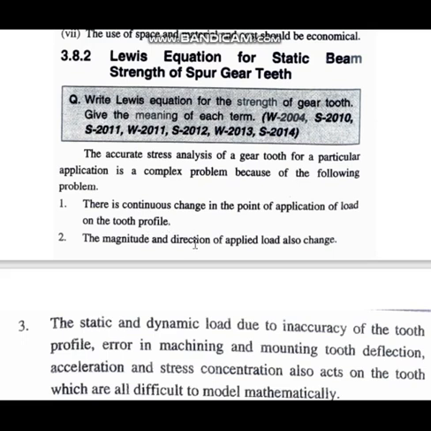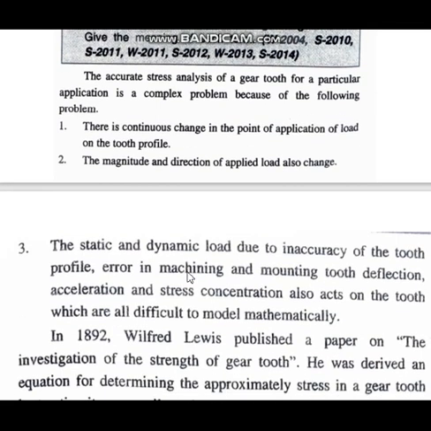On the tooth, where the force is applied keeps on changing. And then the magnitude and the direction of the applied load also change. Then there is the static and dynamic load due to inaccuracy of the tooth profile.